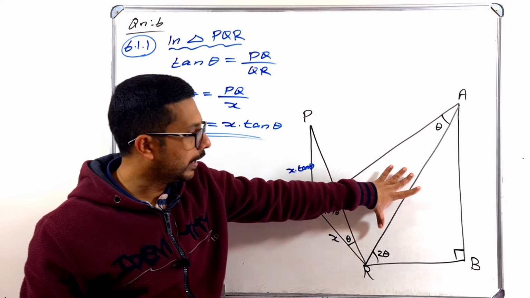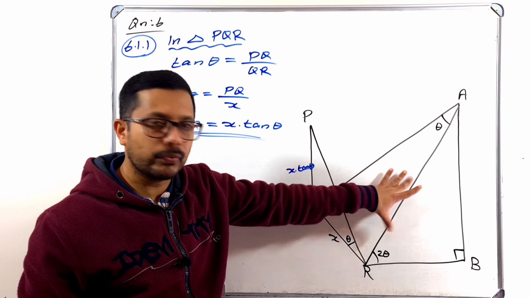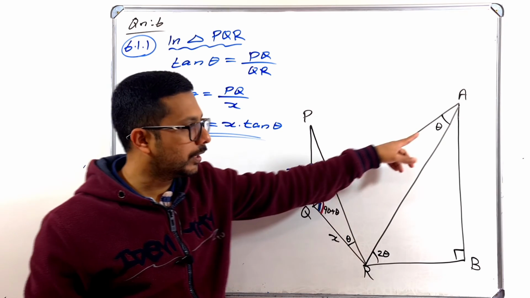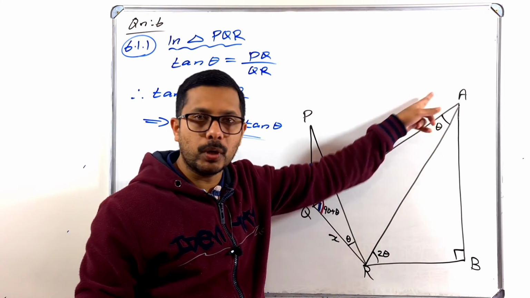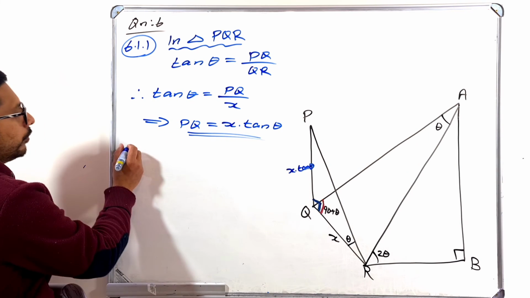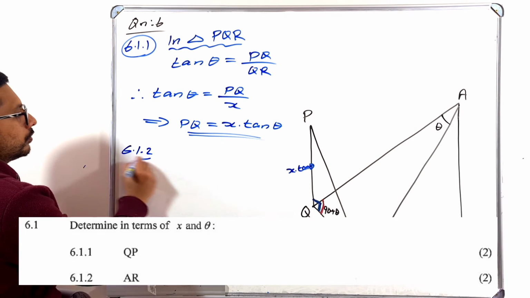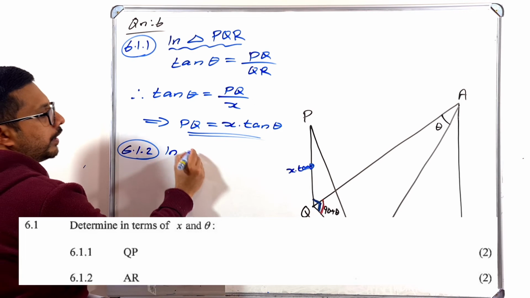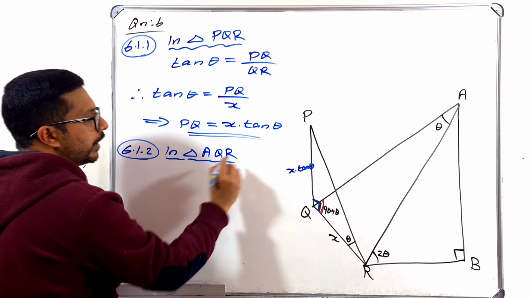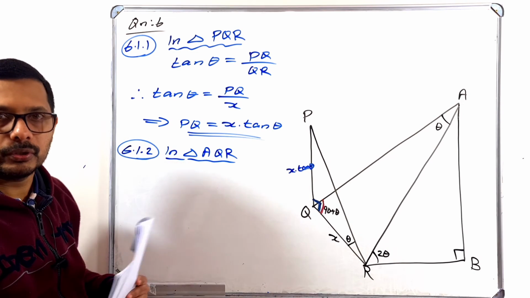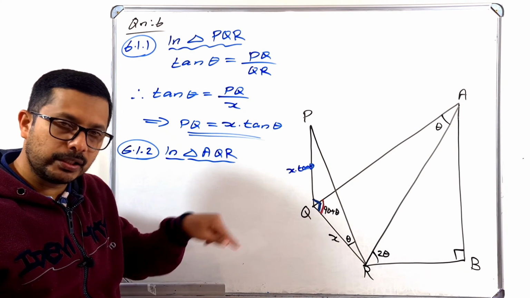So which triangle? This big triangle AQR. So 6.1.2, in triangle AQR, identify that triangle. If you want, pause the video and highlight it in your question paper.